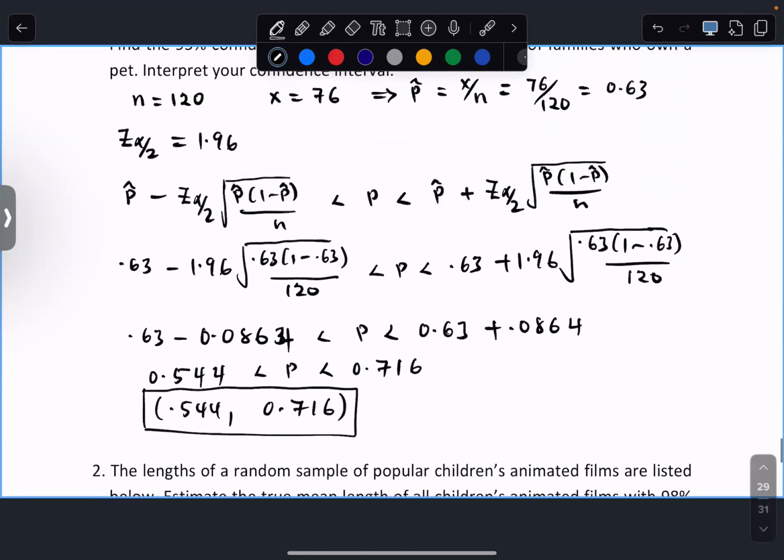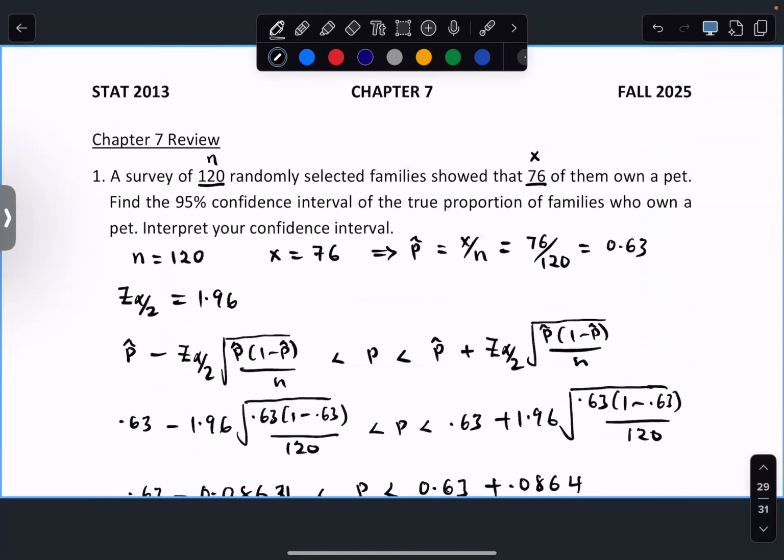So usually the interpretation is gotten from the problem. If the problem says find a 95% confidence interval for the true proportion of families who own a pet, we just say we are 95% confident that the true proportion of families who own a pet is between those numbers.